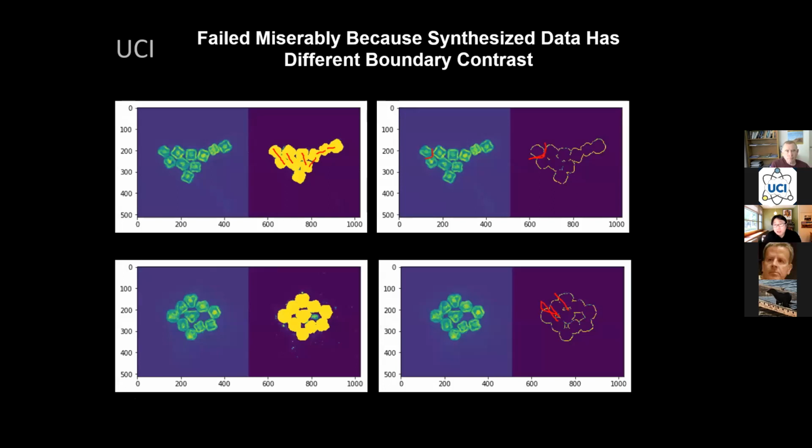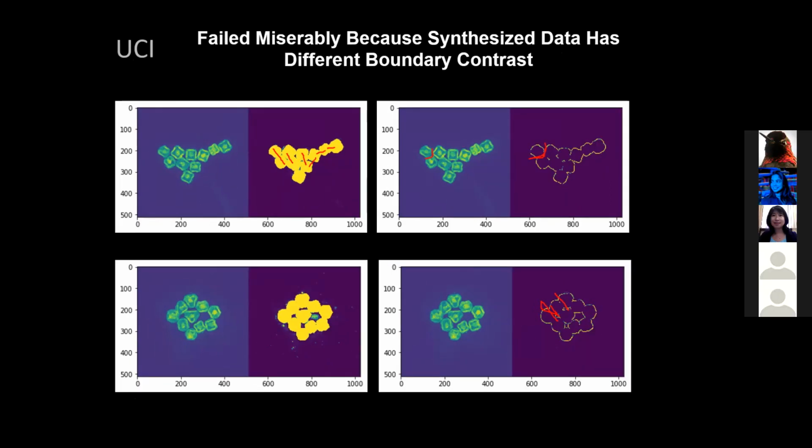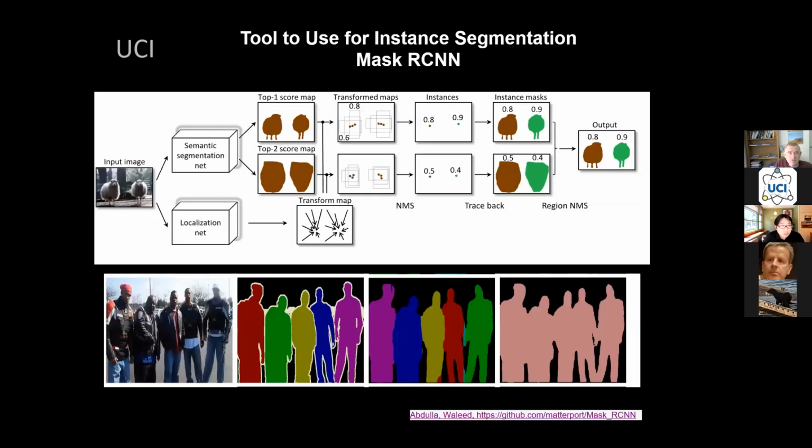Well, I'm not smart enough to create a simulated data set that looks exactly the same as the experimental images. So should I surrender and say, okay, hire an undergraduate student and say, go hand segment 1,000 particles for me? No, I'm not going to do that. Right. So here's actually a tool that you can use. It's called instance segmentation. Right.